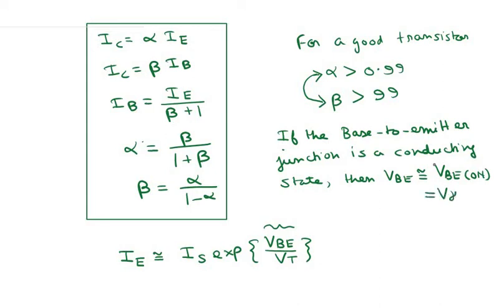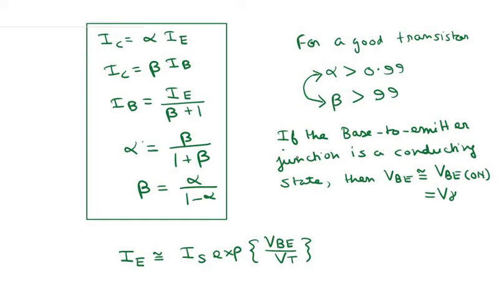Okay, VBE on is the cut-in voltage of the base to emitter junction diode. Now this equation, that the emitter current varies exponentially with the base to emitter voltage, comes into picture because the base to emitter junction is a diode.